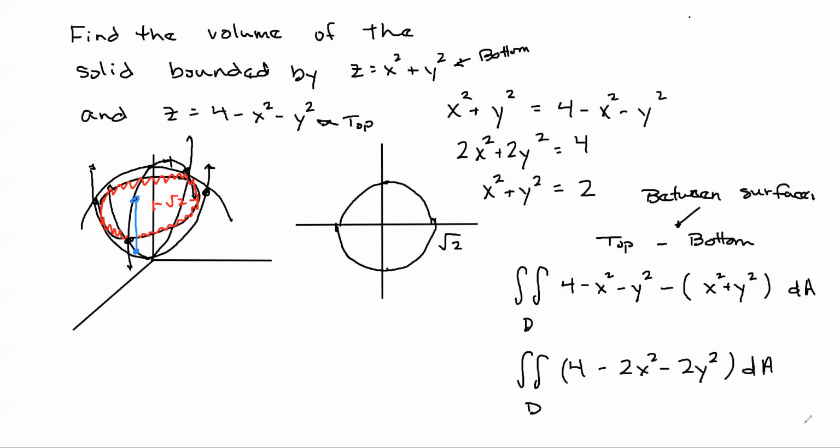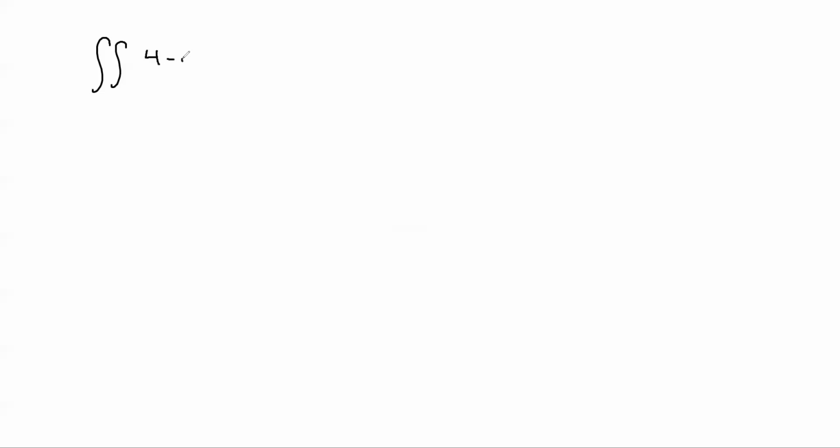So once you've gotten that far, you can go through and change over to polar coordinates. So we're going to go from 4 minus 2x squared minus 2y squared to 4 minus r squared. And then dA is r dr d theta. And then we just need r bounds, and then we'll be in business.